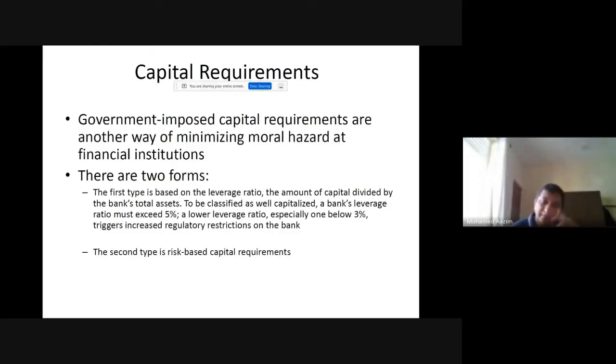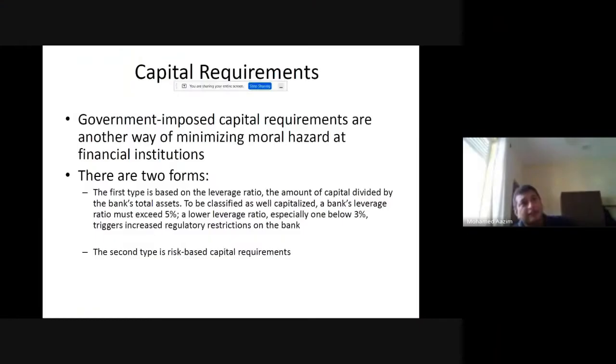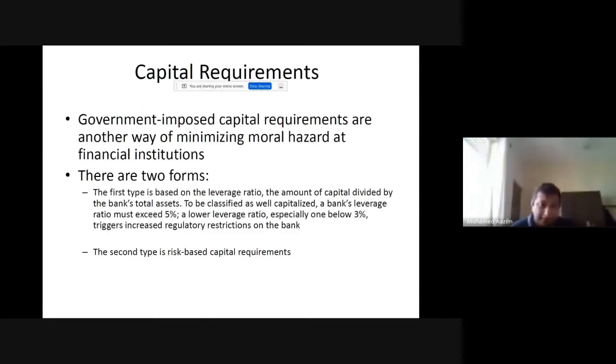That's why I was mentioning in one of the previous slides that, yes, you can take risky avenues, but then you have to bring in ownership capital, ownership money. So then he is mindful. But here, minimum capital itself creates a requirement for them to have a sizable investment in the first place to avoid possible moral hazard.